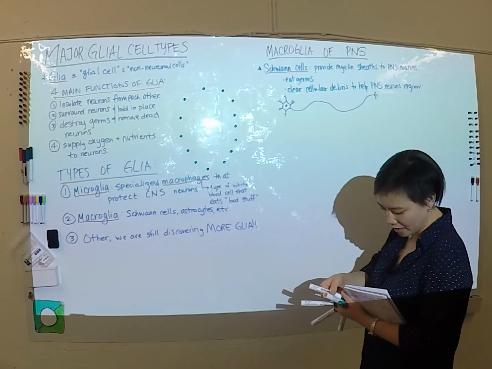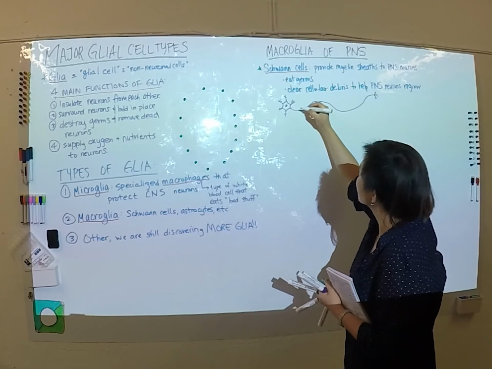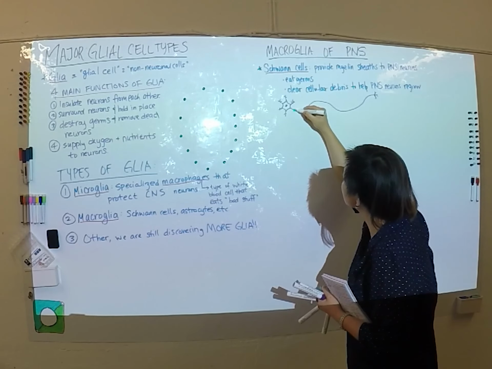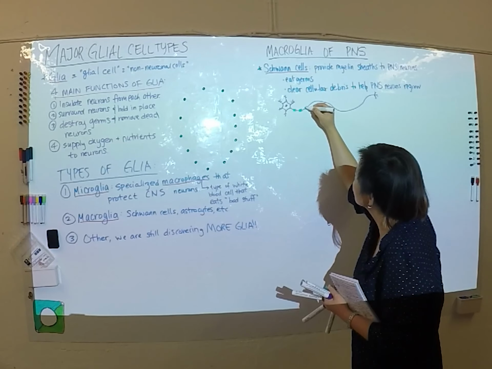And then, as we drew last time, they have myelin sheaths going all the way along the axon.